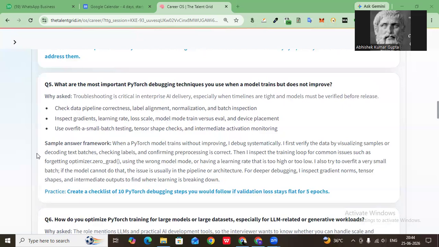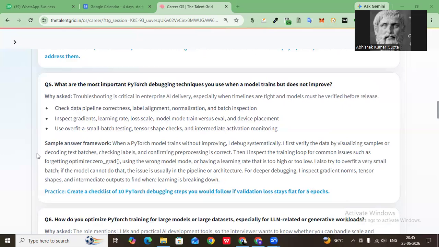Okay. So, can you also explain what it means to overfit a small data set to ensure that the system can learn? Suppose I isolate a subset of data, let's say one or two samples, and attempt to overfit it entirely over, let's say, 50 iterations.